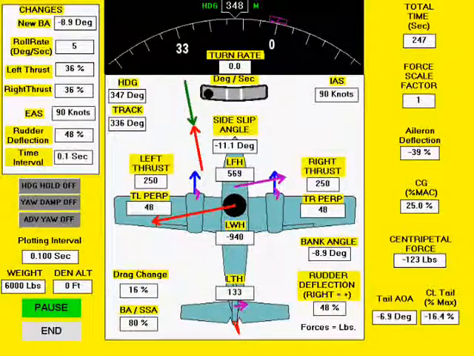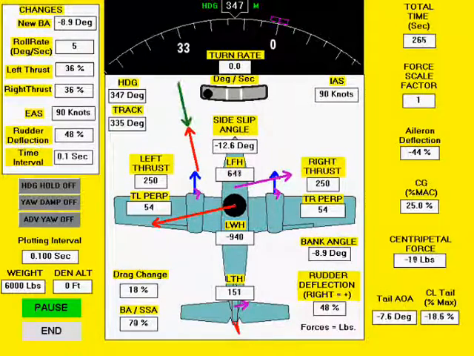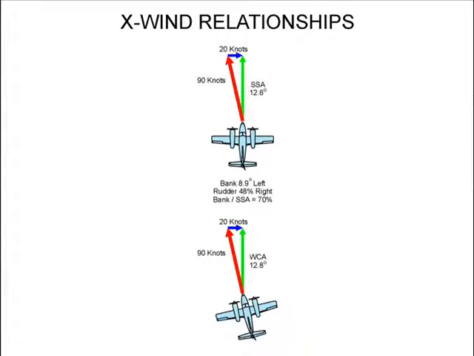Selecting a bank angle of 8.9 degrees and the rudder deflection of 48%, we see the side slip angle stabilizes at 12.8 degrees. Again, the bank angle is 70% of the side slip angle. The slip bank angle is again 70% of the crab wind correction angle.